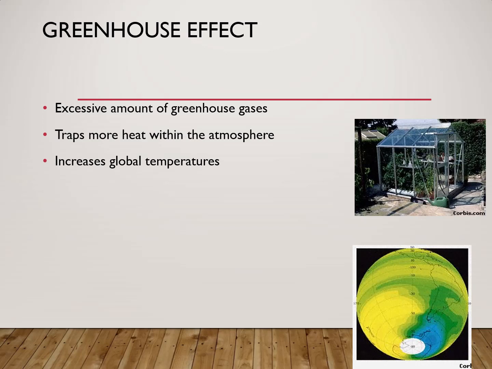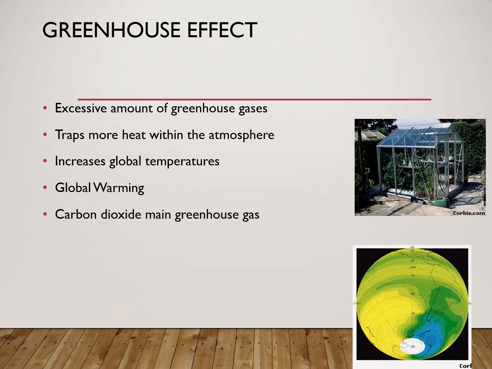This increases global temperature, and because of the greenhouse effect, the problem that the whole world is facing is global warming. It's not that the global warming process is a recent occurrence. Global warming has been happening for billions of years, which has kept the earth in a balanced state.